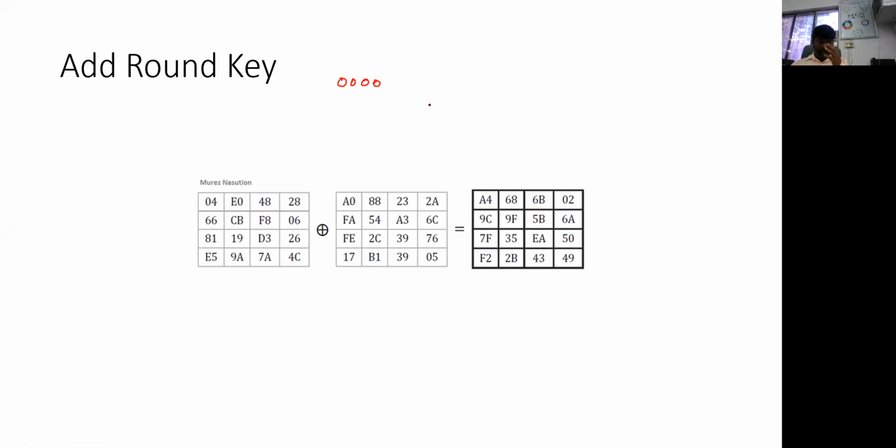What is the value for 1 again? So here use 0 1 0 0, so 1 2 4.